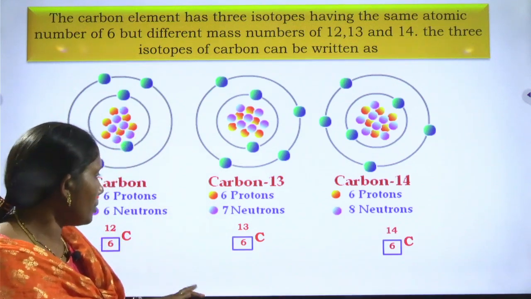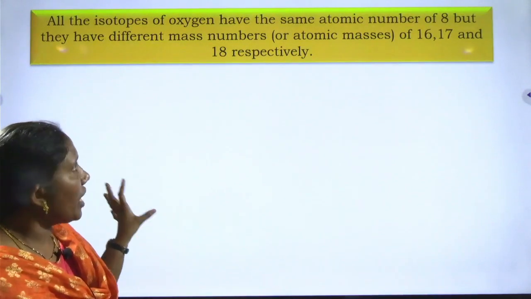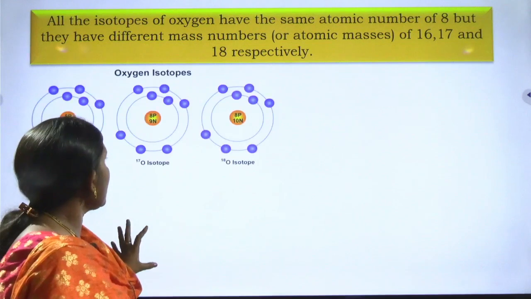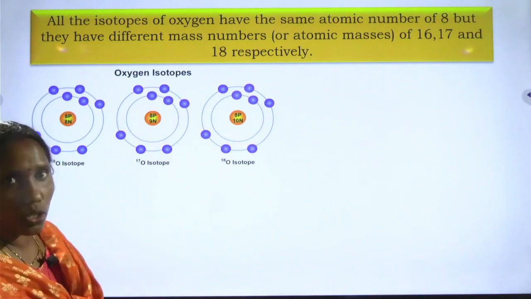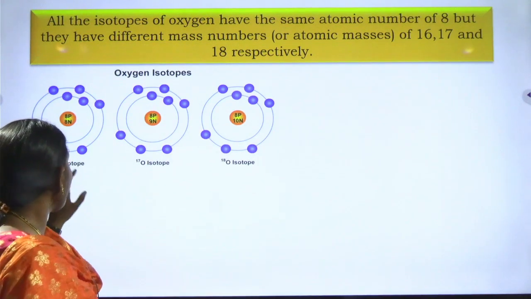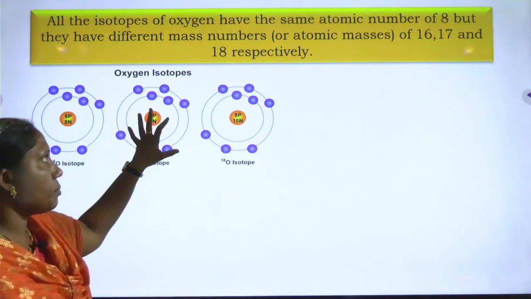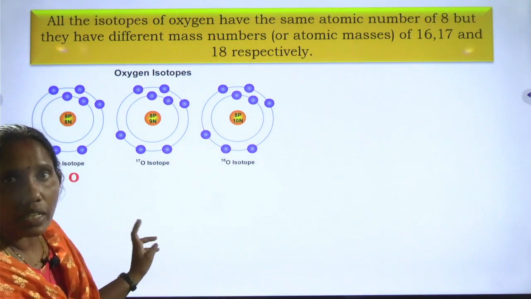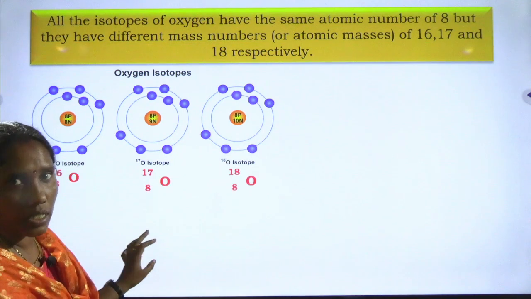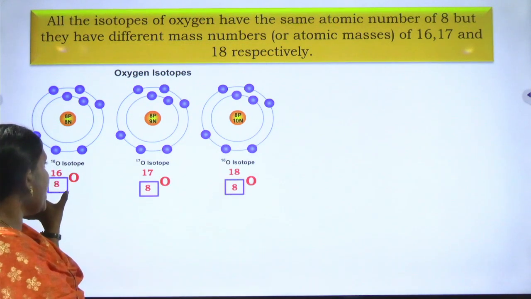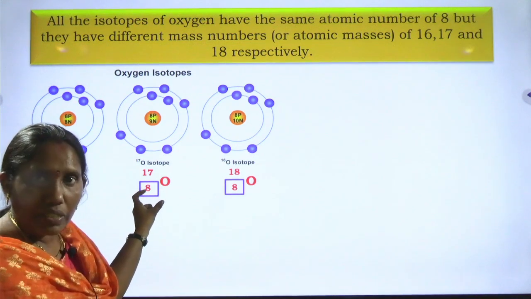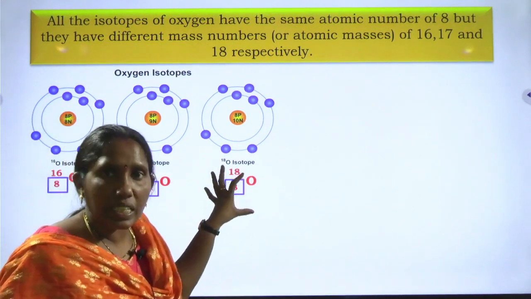Now, see, next we are going to discuss the isotopes of oxygen. These are the oxygen isotopes. O8, 8 protons, 8 protons, 8 protons. But these three differ in the number of neutrons. See here, in the first one the mass number is 16, then 17, then 18.